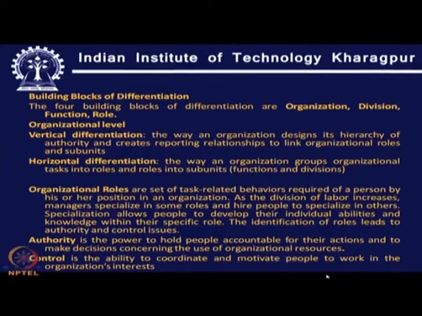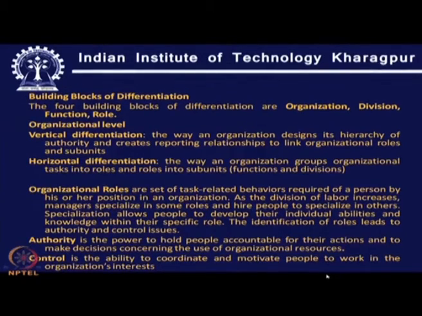So, what we do over here, we divide, it's a set of task related activities that are created, required of a person in his position, and these are first defined properly, task related behaviors. Then as the division of labor increases, more and more people join, you have more manpower.